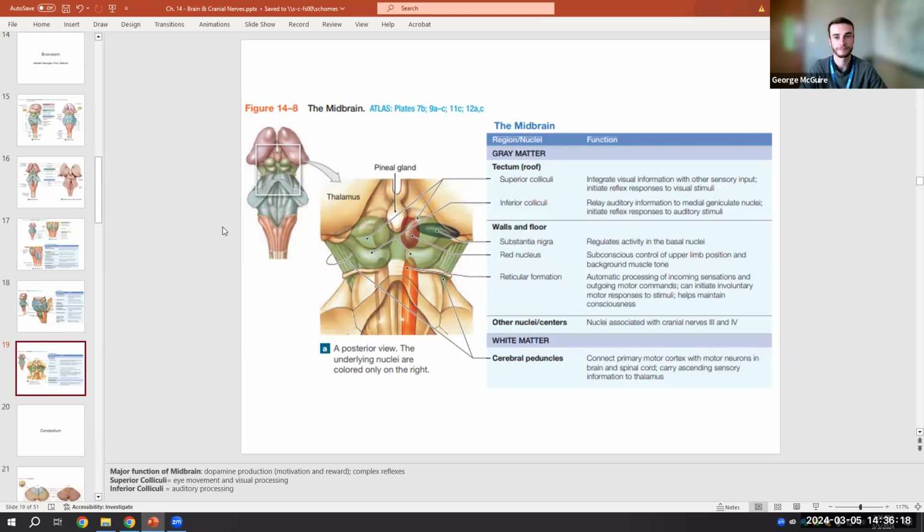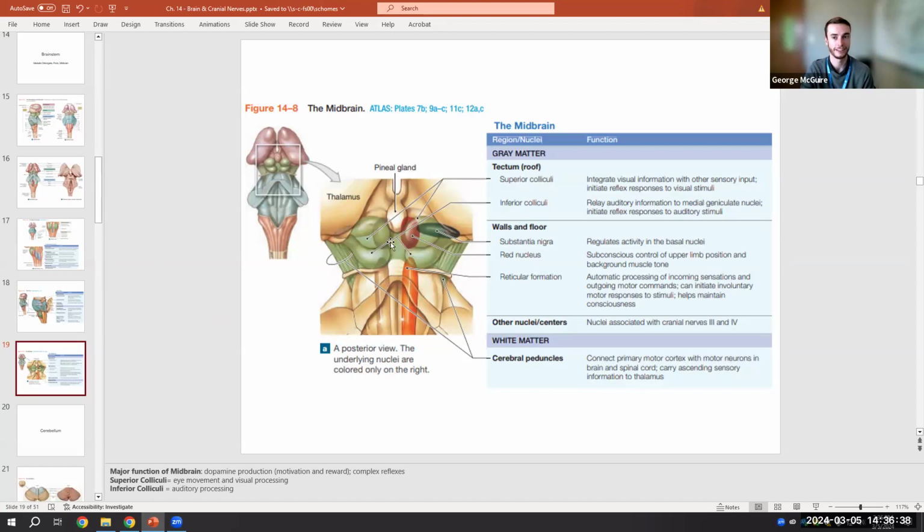But yeah, the midbrain is kind of controlling that response, the production and secretion of dopamine, as well as processing a lot of those complex reflexes. So what I was talking about with hand-eye coordination, right? That is processed by the superior colliculi, those little bumps that we were talking about yesterday in lab. We've got 4 bumps.